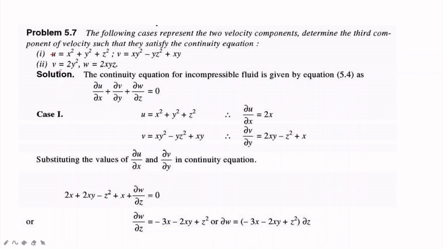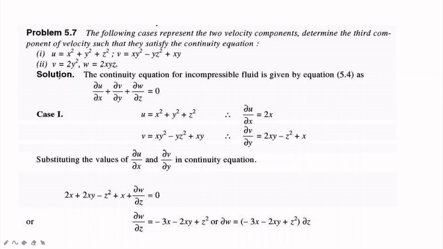In the second case, v and w are given. They give u and v, and w has to be found. Below, v and w are given, and u has to be found.